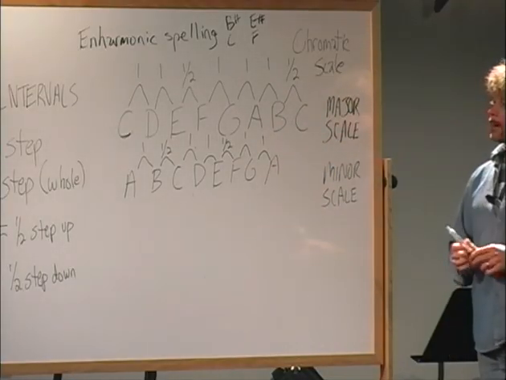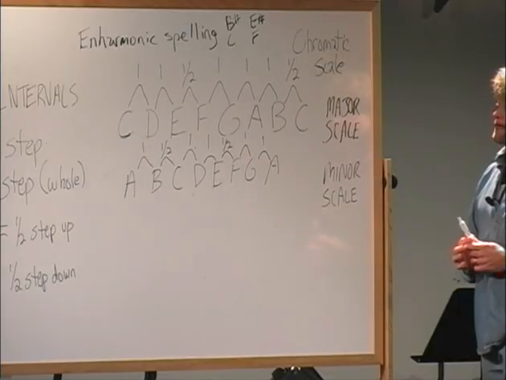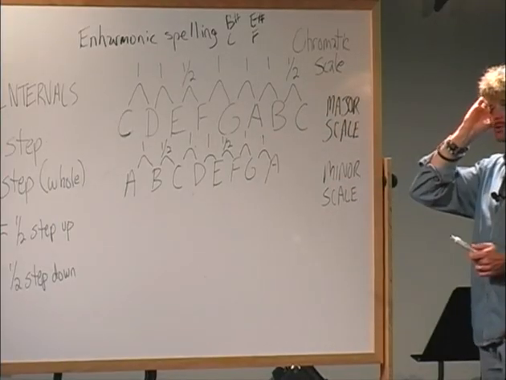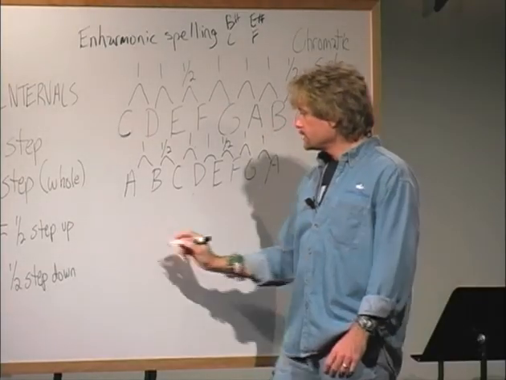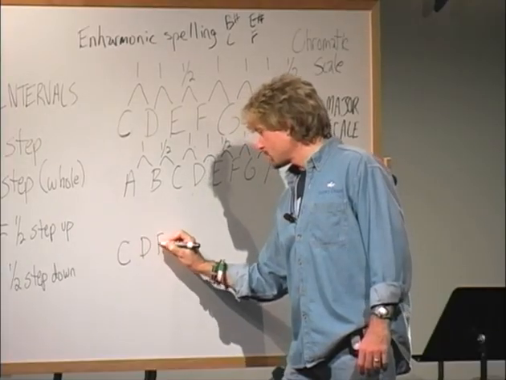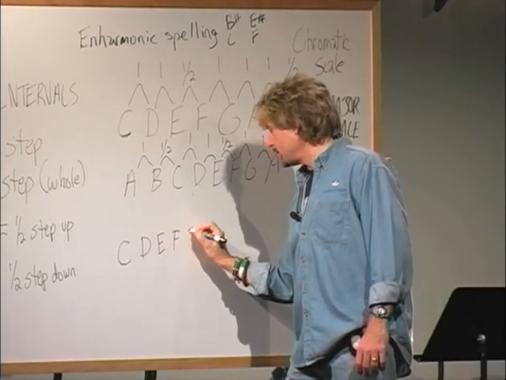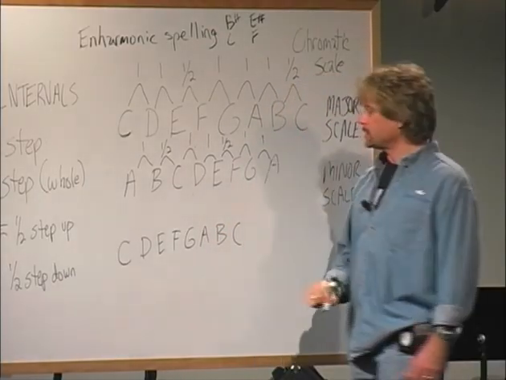Now I want you to notice something, and let's look at what's called scale degrees, because that's really important. Scale degrees is a real easy concept to understand, but it is so foundational to music.